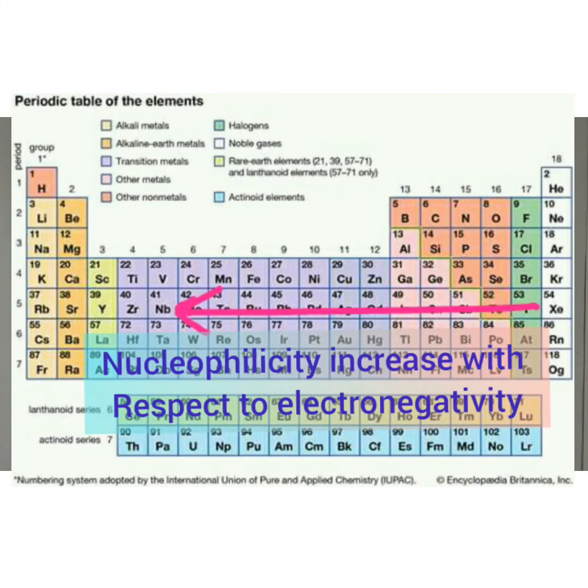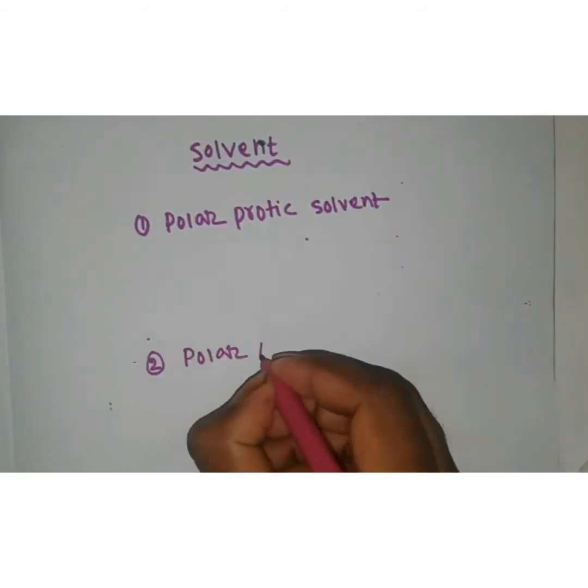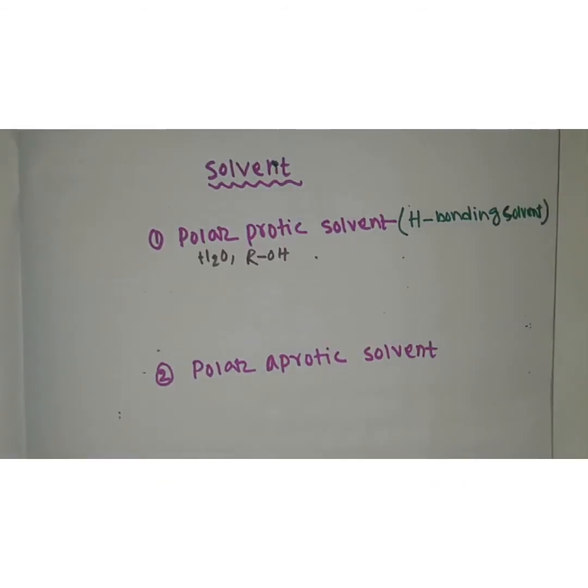Now we will talk about solvent. There are two types of solvent. One is polar protic solvent and another is polar aprotic solvent. At first we will see what a polar protic solvent is.